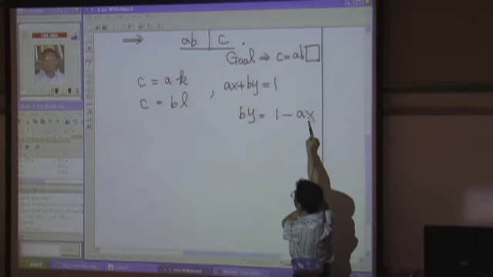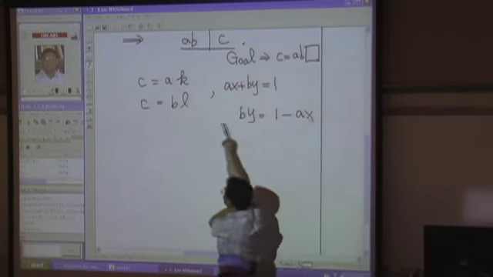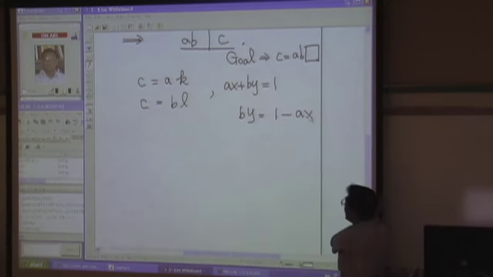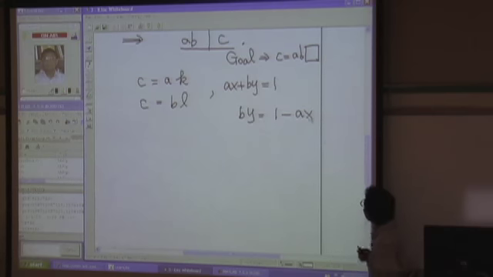Then BL becomes C, so C times Y equals this thing. Then GCD, C equals A. I have no clue at this point.